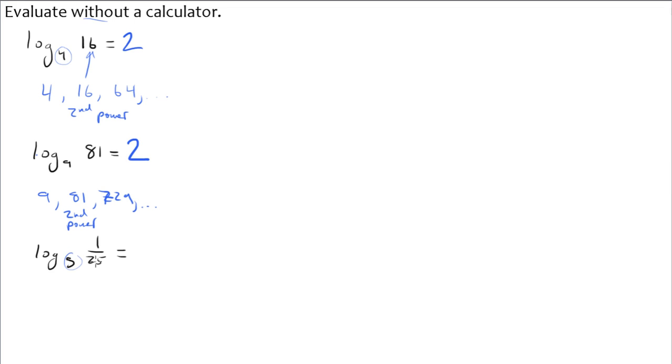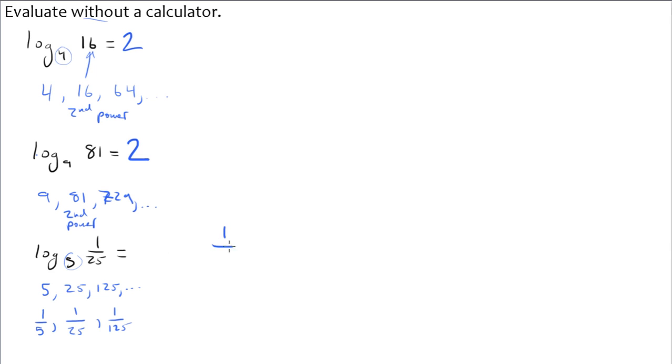The log base 5 of 1 over 25. 5, 25, 125, counting out some powers. But this doesn't match. So let's see here. 1/5, I'm going to write some reciprocals. 1/25, 1/125.